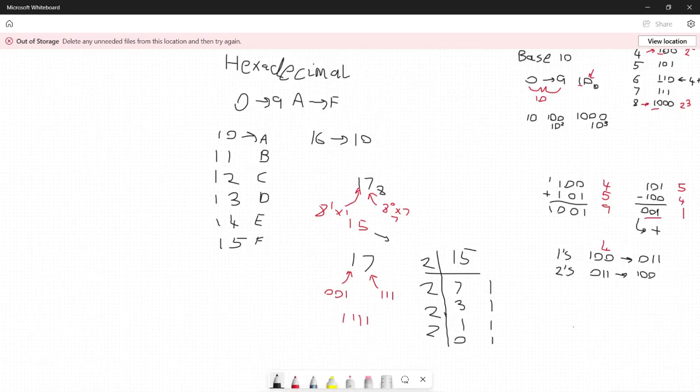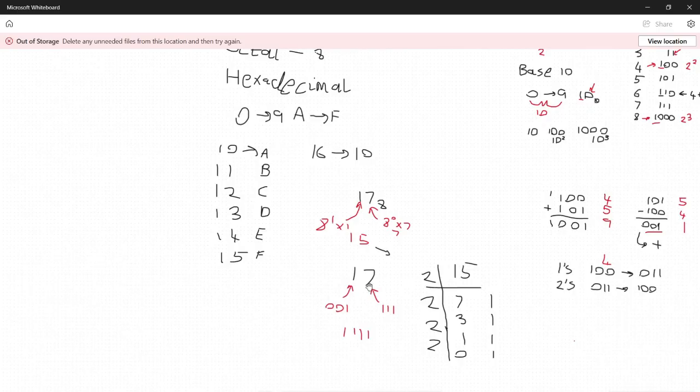And basically, we use the fact that 8 is just 2 to the 3.